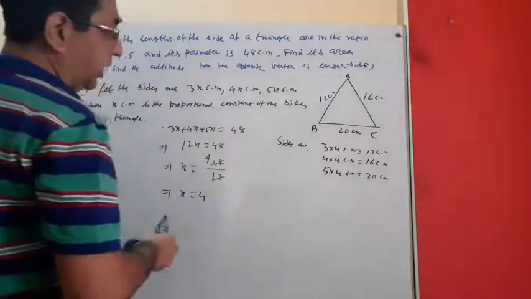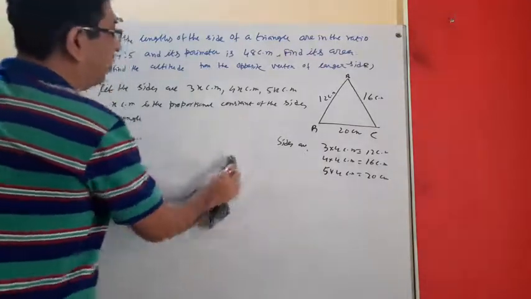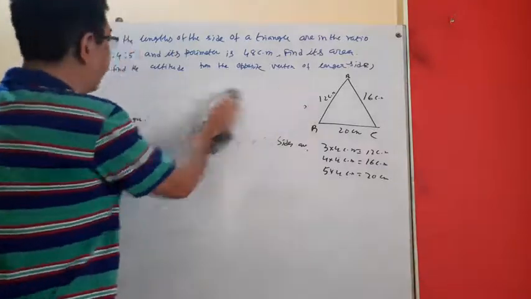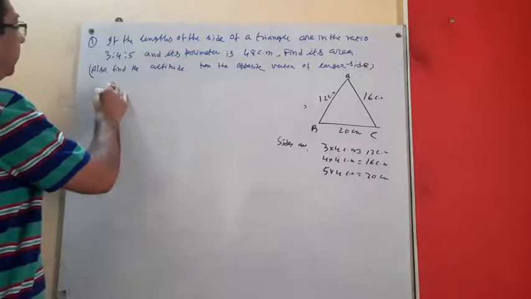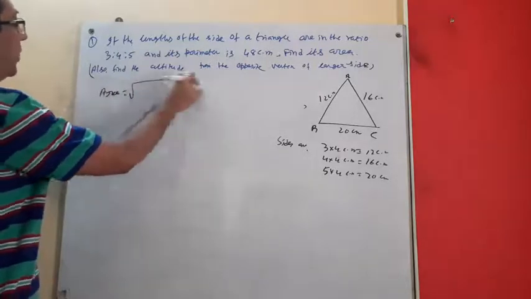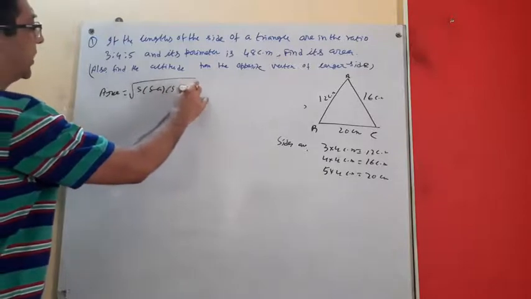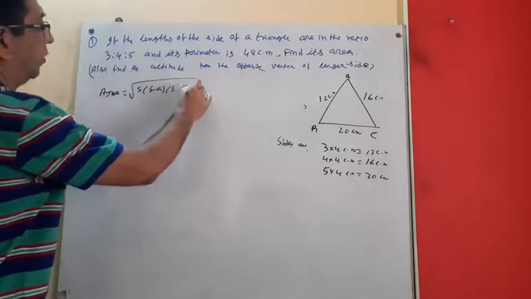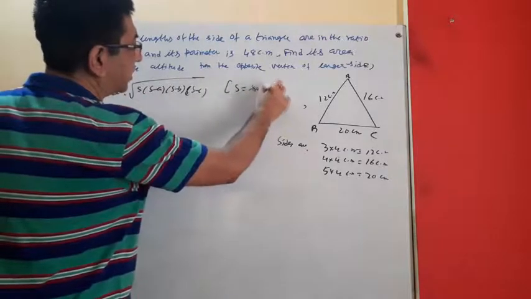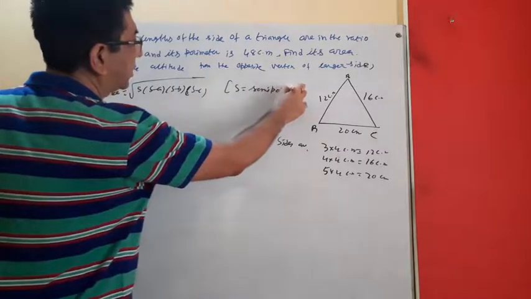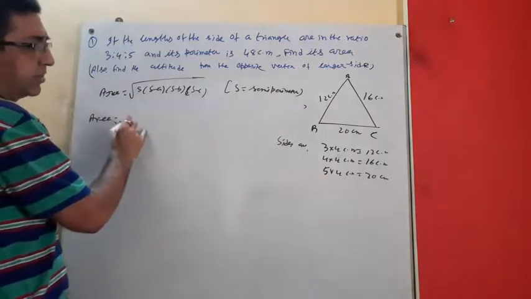How to do? Sides are given. Now we have to find the area. So we know for finding the area we use Heron's formula. Therefore area equals root over s into s minus a, s minus b, s minus c, where s is the semi-perimeter. Right? Therefore, what is s?